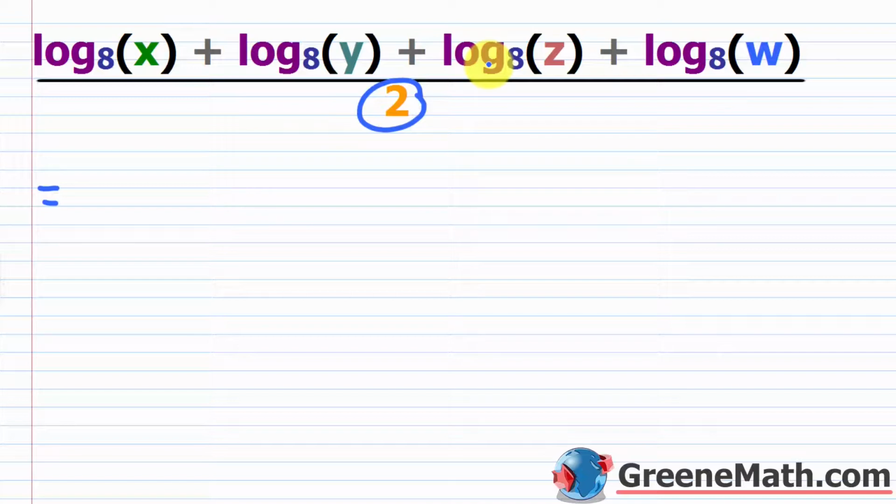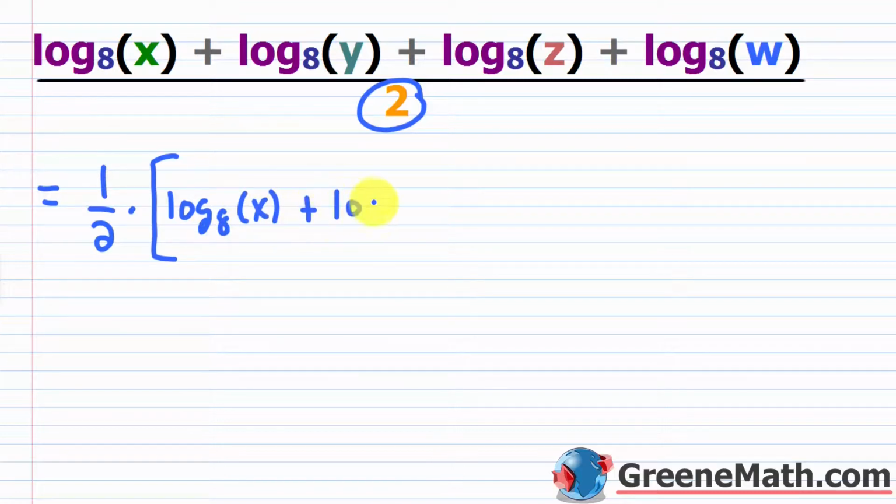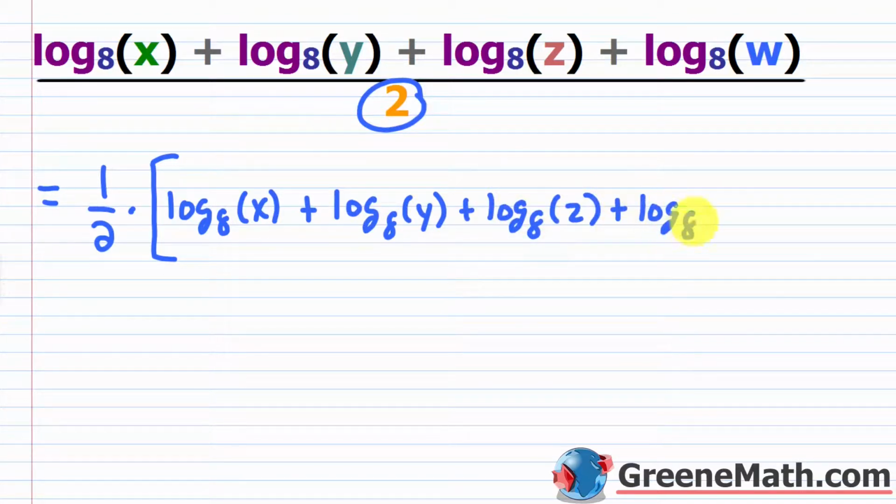And then what I could do is I could just pull it out, right? So I can say that I have 1/2 times, inside of brackets or parentheses or whatever you want to use, my log base 8 of x, and then plus my log base 8 of y, and then plus my log base 8 of z, and then plus my log base 8 of w. Okay, so once that's done, what you can do from here is use your product property on the inside.